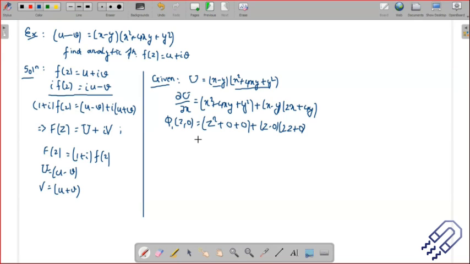It becomes simpler. So this is z squared plus z into 2z squared, so this is 2z squared, which is 3z squared. So I got phi 1, right? Let's do it for v.